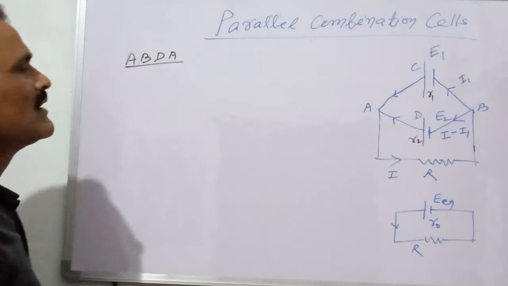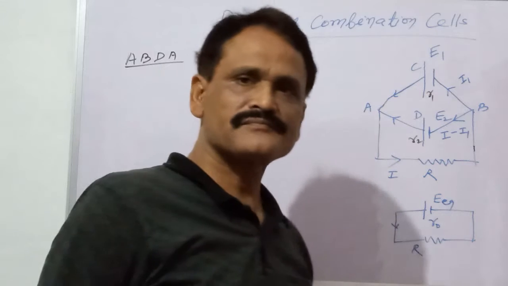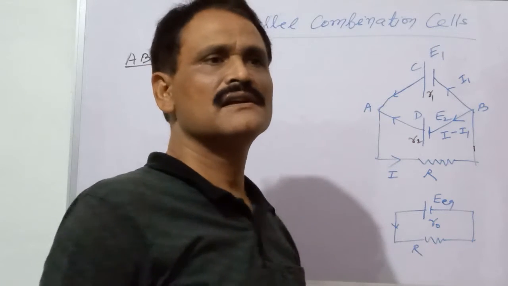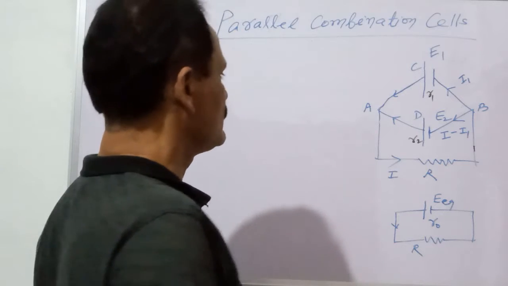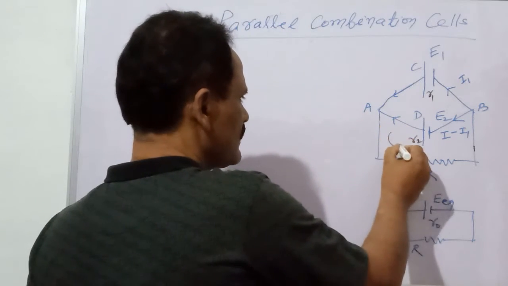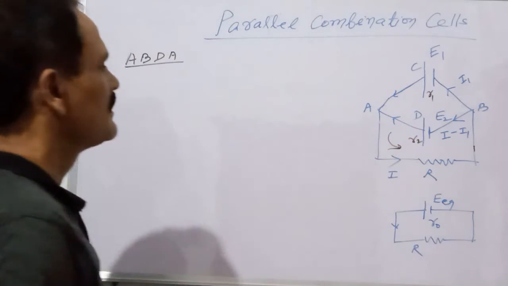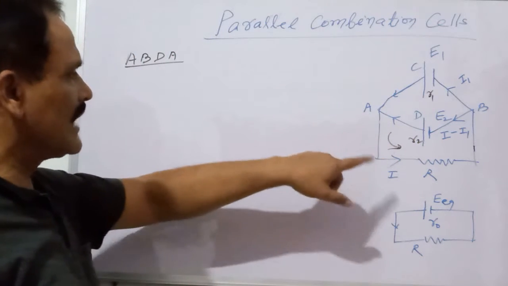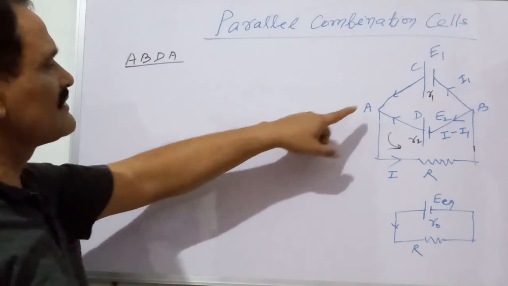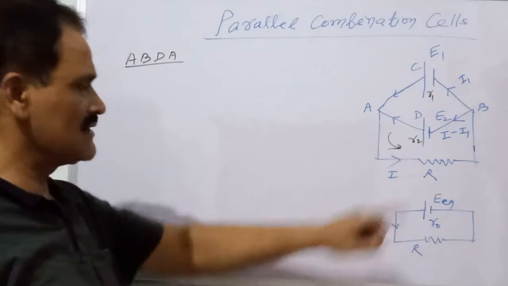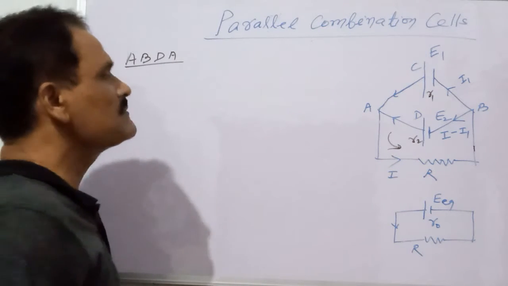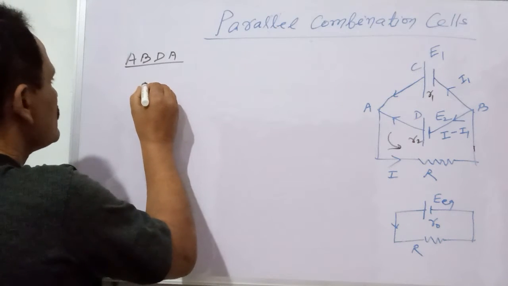And now I am going to take the loop A B D A, and in this loop the total change in potential should be equal to 0, and I start the journey from this point A. Through this resistance there is a loss of potential, so I am taking a minus sign.